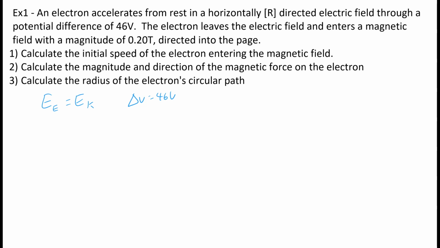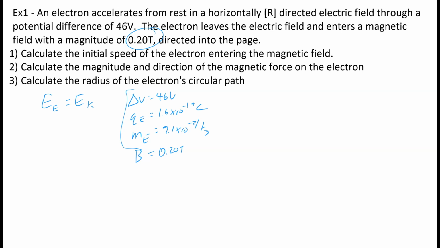Now we're working with an electron, so we can use Google to find the charge of an electron, 1.6 times 10 to the negative 19 C, and the mass of the electron, 9.1 times 10 to the negative 31 kilograms. We have this new value here, 0.2 T, represented by B. This is our magnetic field strength. That part isn't important right now, but the other three pieces are, and they fit into this equation.